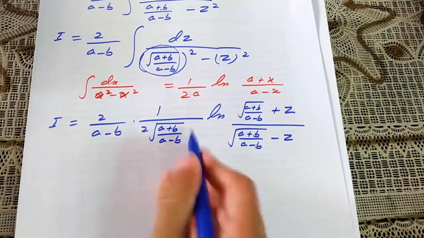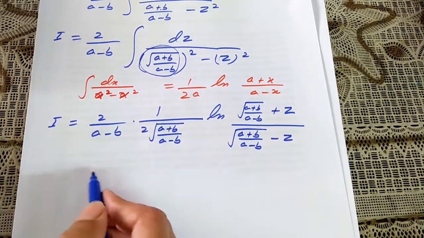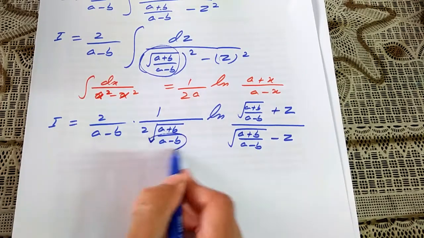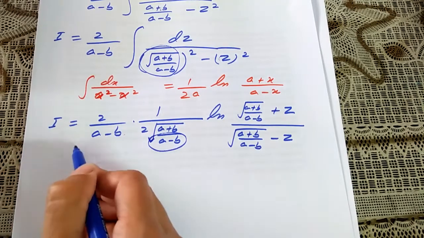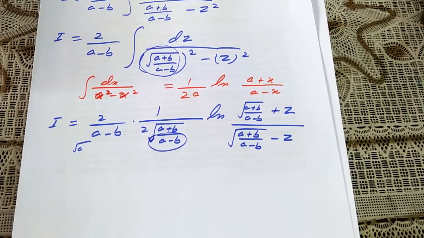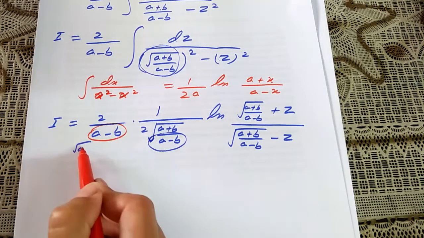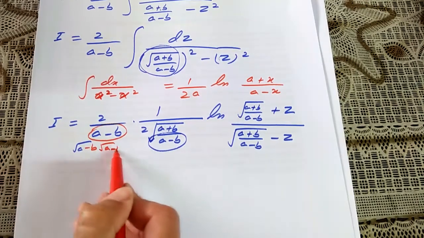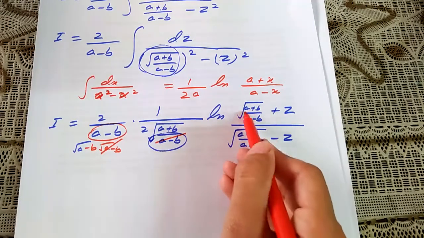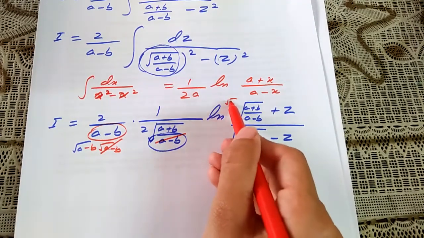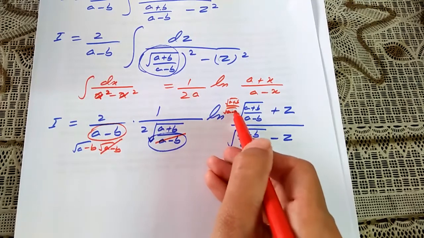Now we need to simplify these terms. We know that this is in the denominator, this is a square root, and this term can be written as a minus b into under root a minus b. So 1 over under root will cancel with this one. And here split this under root into a plus b under root over a minus b under root.